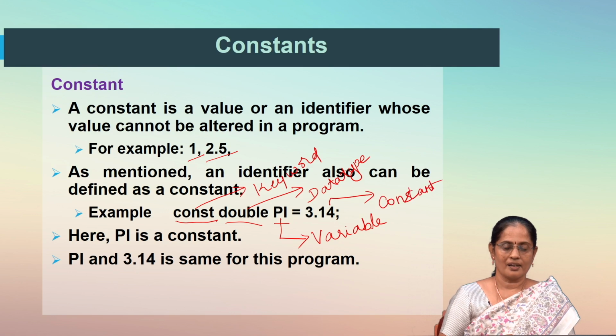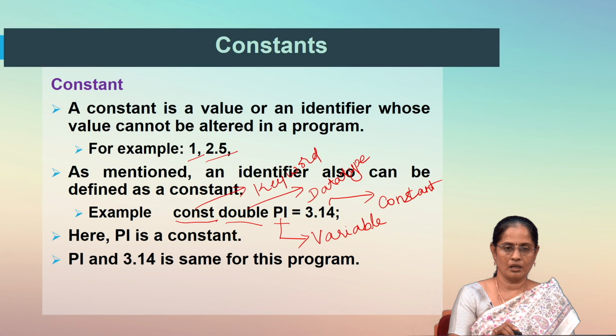So, we are assigning the constant value to a variable of double type. The whole thing mentions that the value 3.14 is a constant using the keyword const.